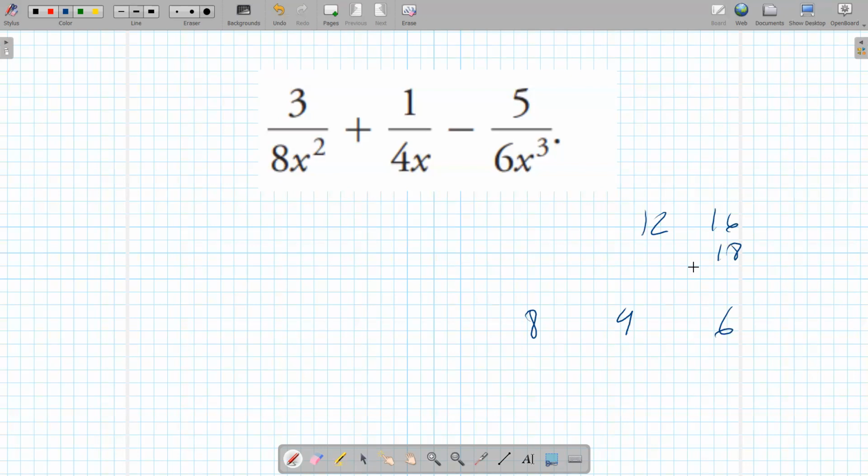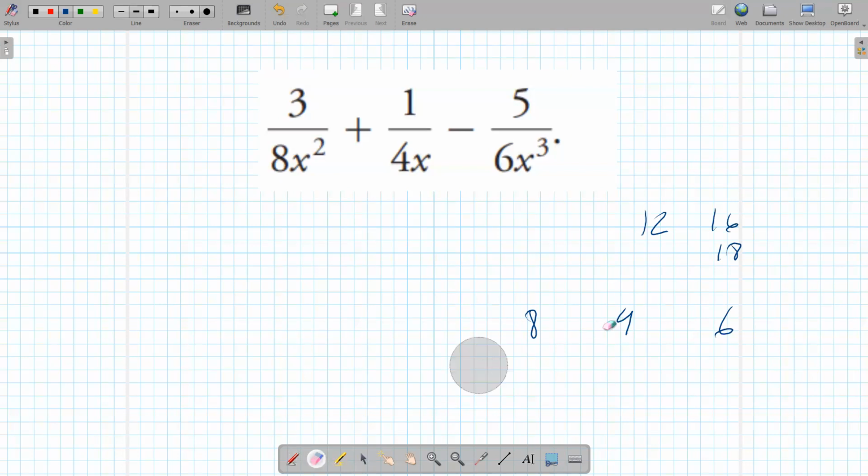What is it? 24. Yeah. What about the x's? We have x squared, x, and x cubed. Is it x cubed? Yeah, it is.